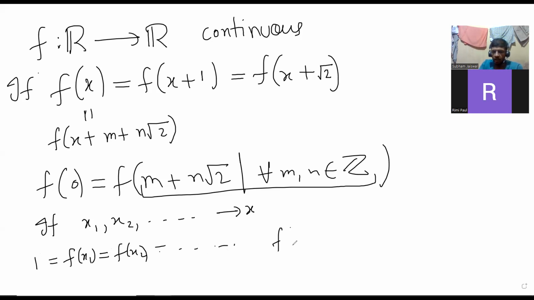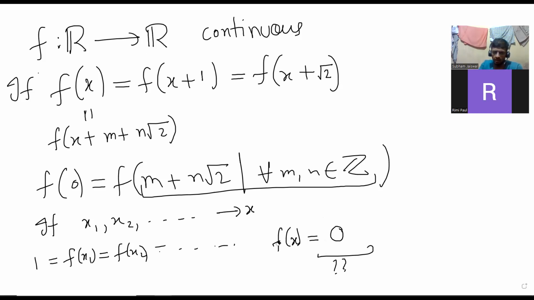Then can you tell me what is f(x)? It will be... 0? Okay, why 0? But this portion is not clear.